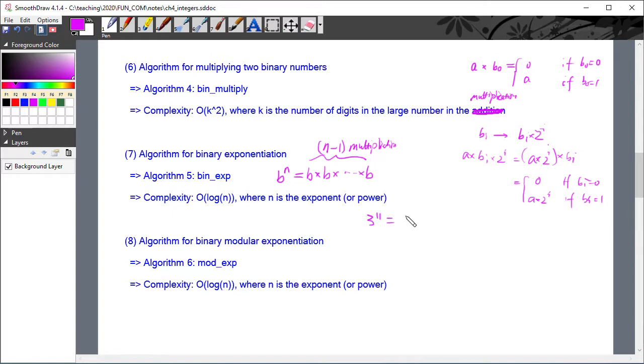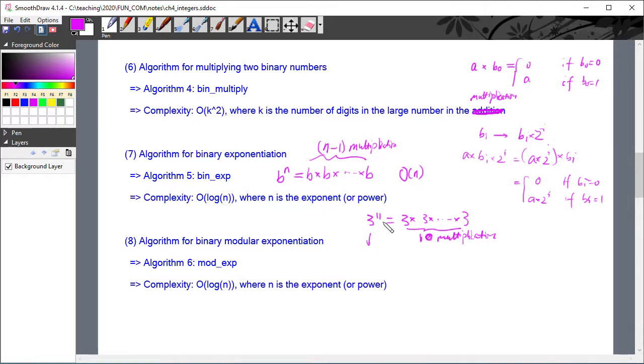Using the trivial implementation, we need 10 multiplications. So in this case, if multiplication is the operation we are going to count, we are going to have n minus 1. Right? So this complexity is big O n.